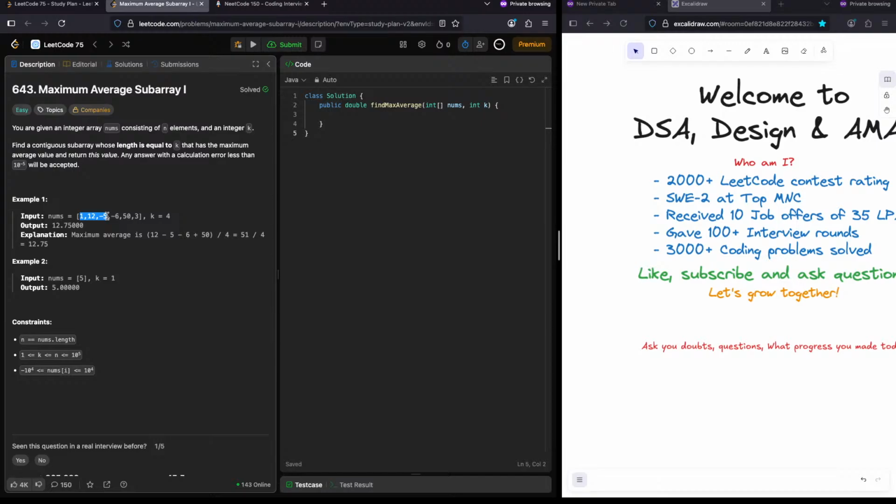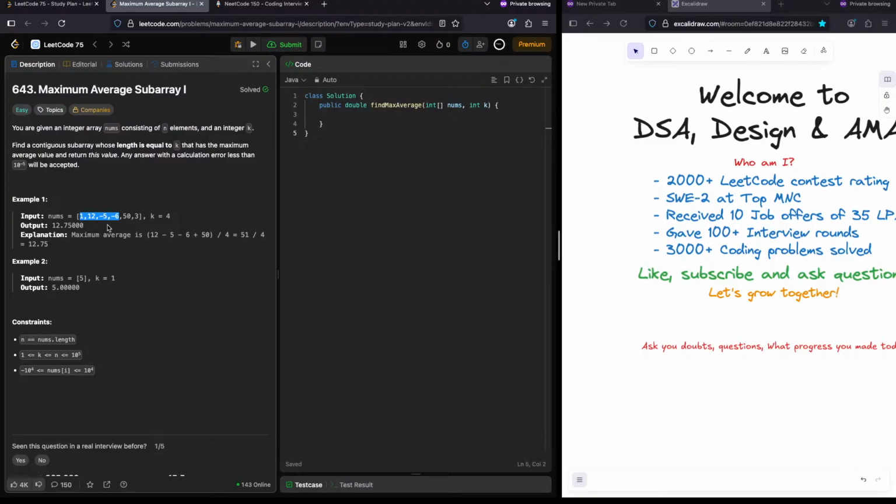Now in sliding window, you basically slide the window, as the name says. From this window, I can drop one and then pick the next one. That means I have slid my window. Let's take an example of k equal to 4 only. So this is one window. Now, if I have to do this in brute force, then I'll be doing n squared, like doing two loops. That is okay, everyone knows that.